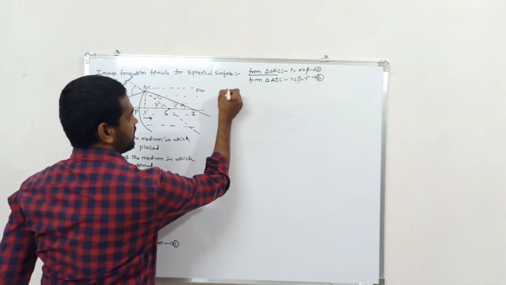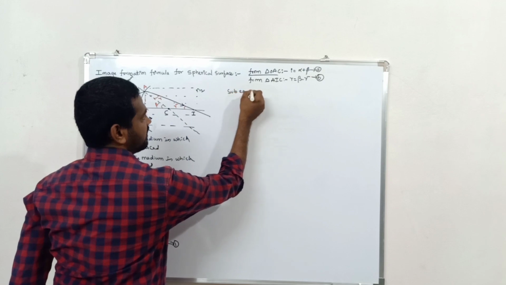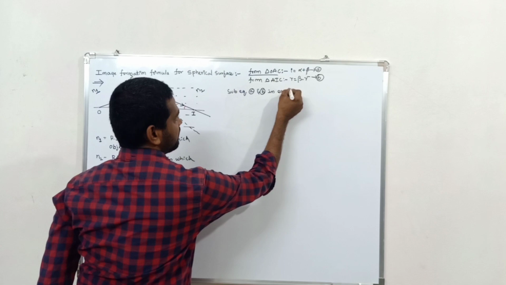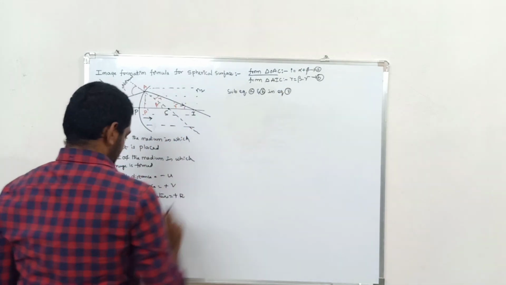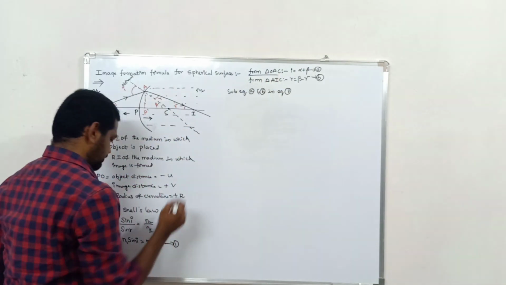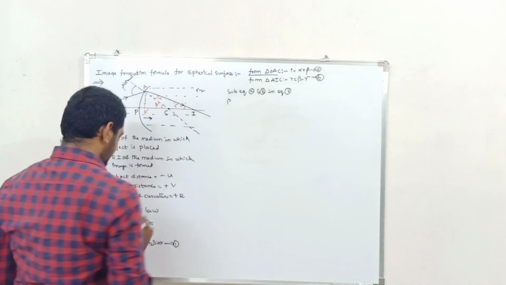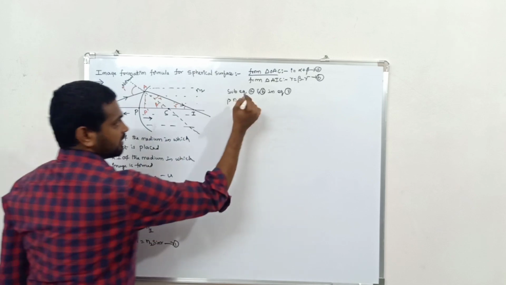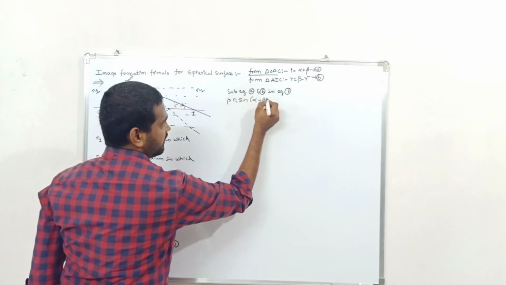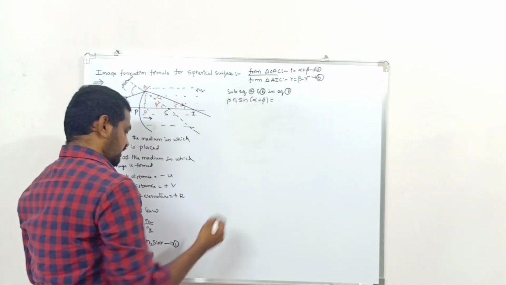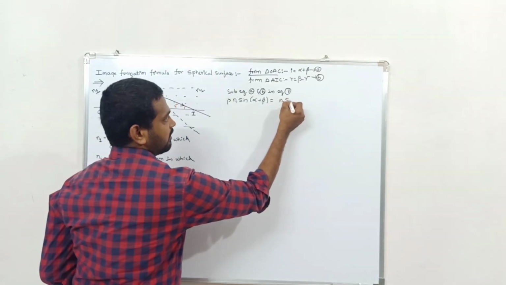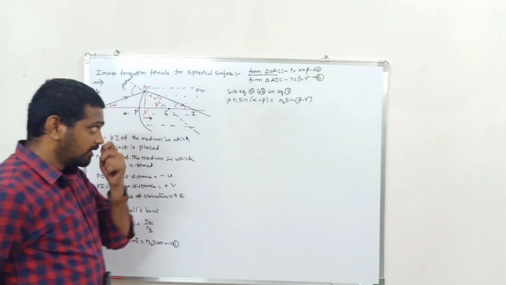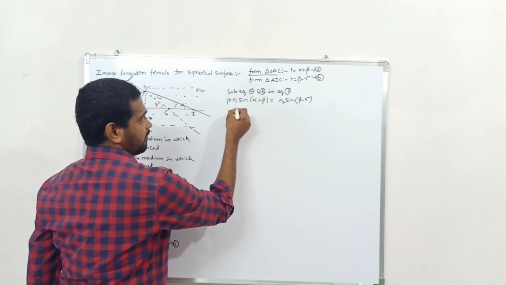Now I am substituting equations A and B in equation 1. What will you get? In place of i, you need to write alpha plus beta. Then equation 1 becomes n1 sin(alpha plus beta) is equal to n2 sin r. In place of r, I am going to write beta minus gamma. Now I am applying the paraxial approximation technique.